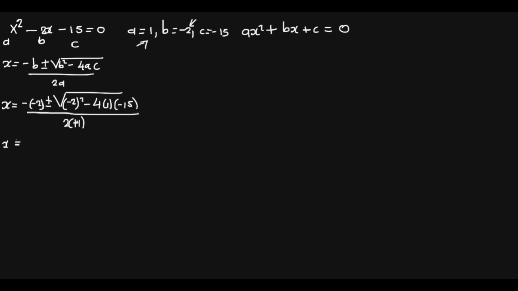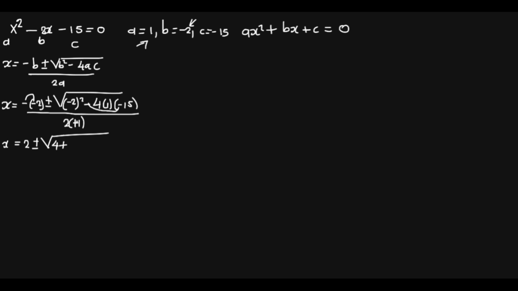So we can now expand and simplify. Here we have negative and negative 2, so negative times negative, we have positive 2. Then negative 2 squared is positive 4. You can see that here we have this negative and also this negative, so this changes to positive.